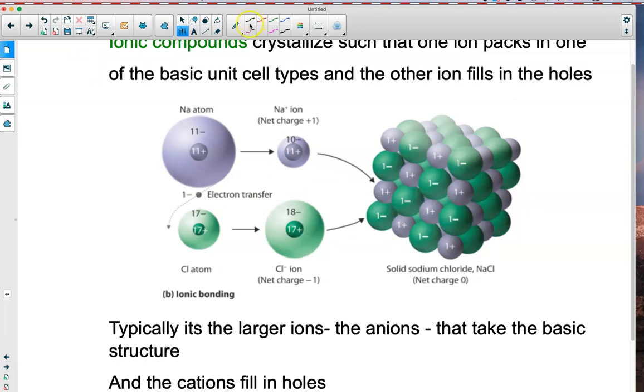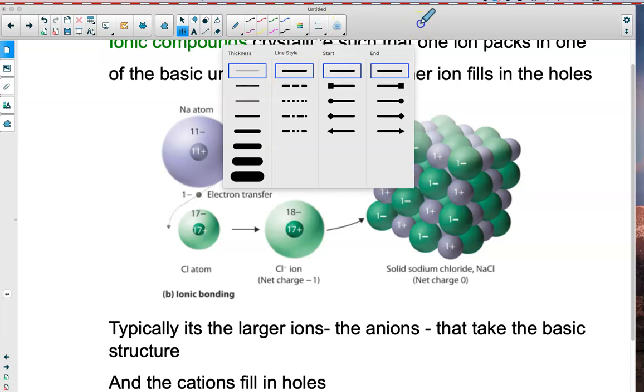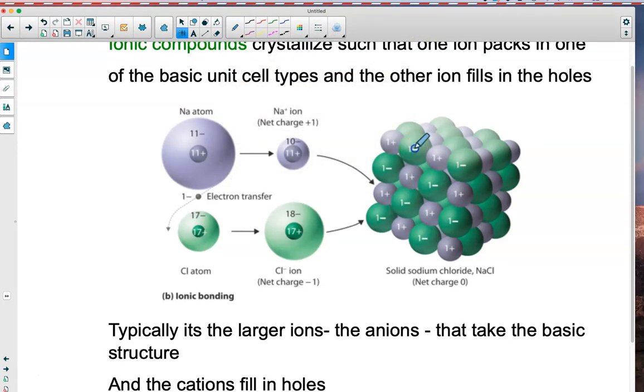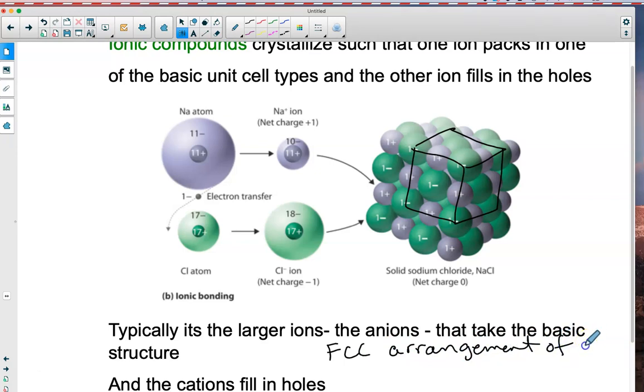So if we isolate a unit cell here, you can see how this fits that pattern. So this will be my unit cell. And you can see that that's a face-centered cubic arrangement of the chlorides with the sodium ions in the holes.